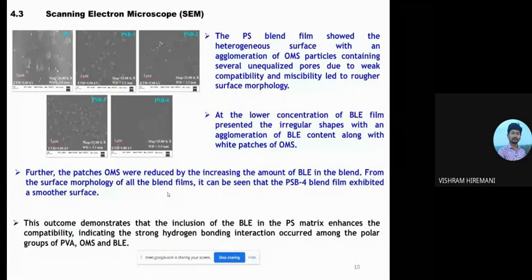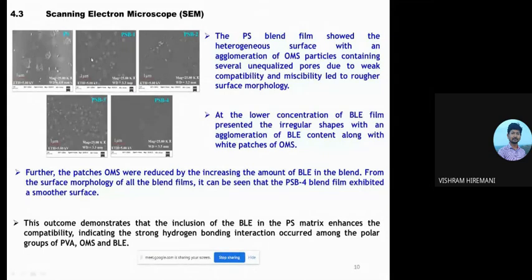Scanning electron microscopy. Scanning electron microscopy is carried out to know the surface morphology of the blend films. The pure PS, meaning the PVA oxidized maize starch control film, showed a rougher surface with some unequal holes on the surface of the film.